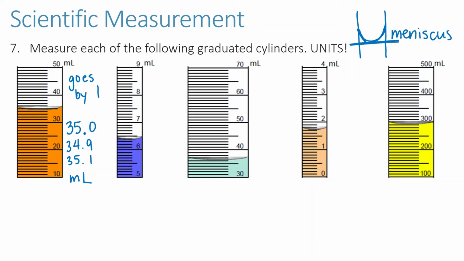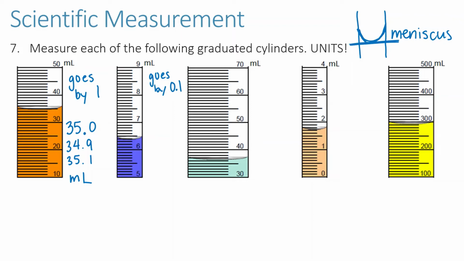Okay, let's look at the next one. Once again, we have to figure out what the increments are. This is 6 and this is 7, so this must be 6.1, 6.2, 6.3. So this goes by 0.1. Do you see how that's a smaller number than we got for the previous graduated cylinder?